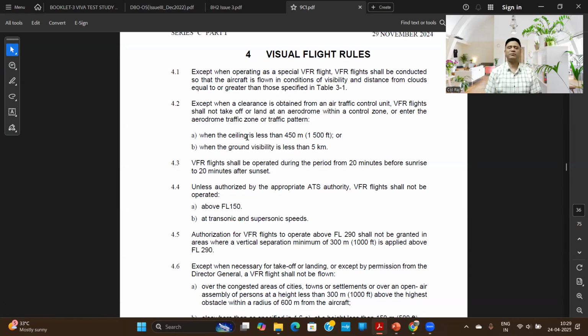If you follow the ICAO rule, then it is 1000 feet above your planned altitude. So they are presuming that you will not go above 500 feet or something. This is what is given in the CAR.